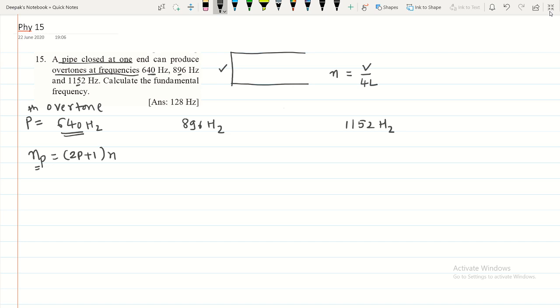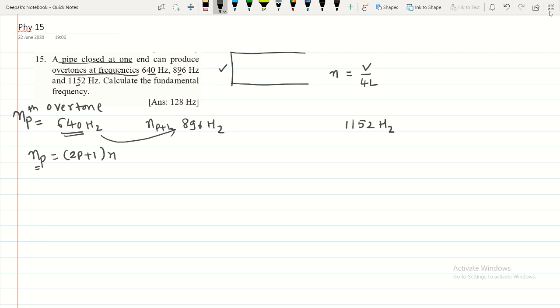So how do we find its frequency? What is the value of p over here? Is it the first overtone, the second overtone, the third overtone? We don't know. So I mention 640 as np, so np is equal to 640. The next frequency, higher than this, is 896, so I'm going to mention this as np plus 1.